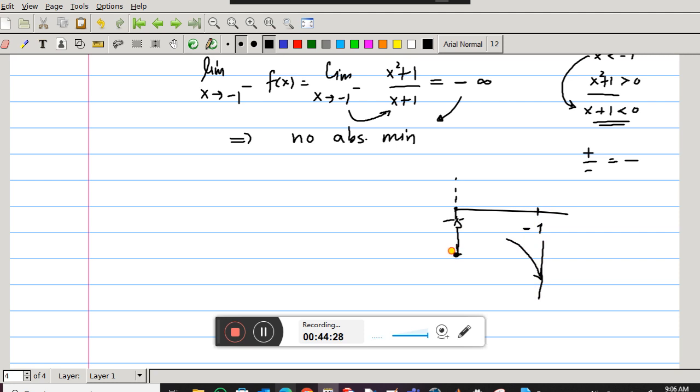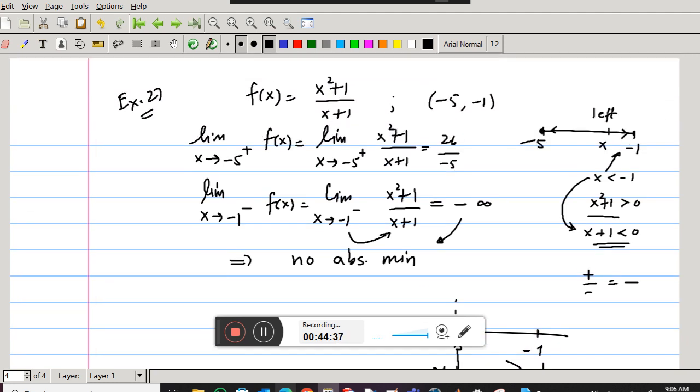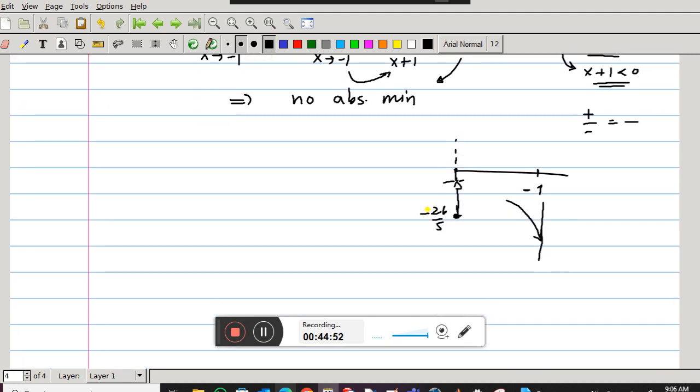But from here, it is giving you a constant number, and the function is coming here.